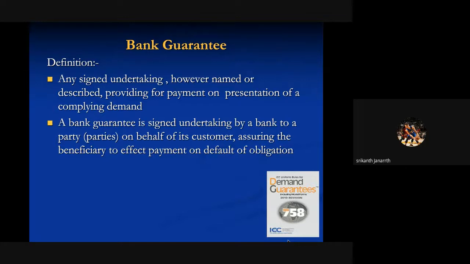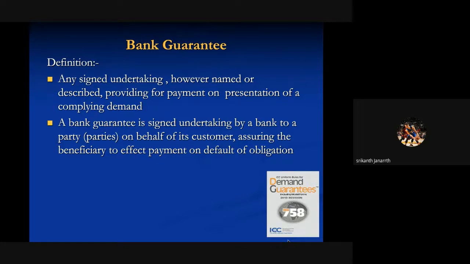Payment will be made to the person who is losing money. Whoever is losing the contract or the finance will be paid by the bank. That is a written undertaking, so the employer, the person giving the contract to another person, is now comfortable because he has been assured by a bank guarantee.